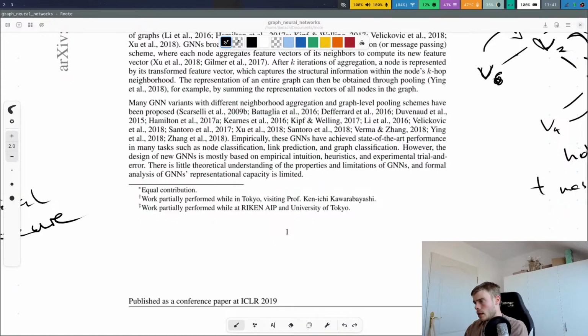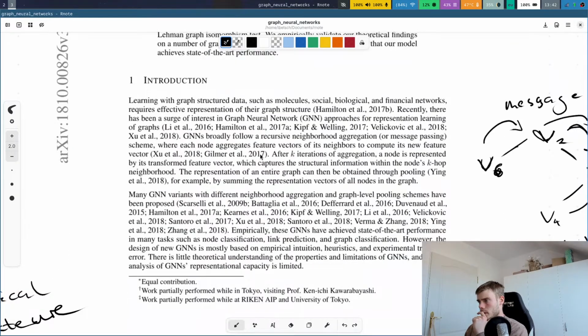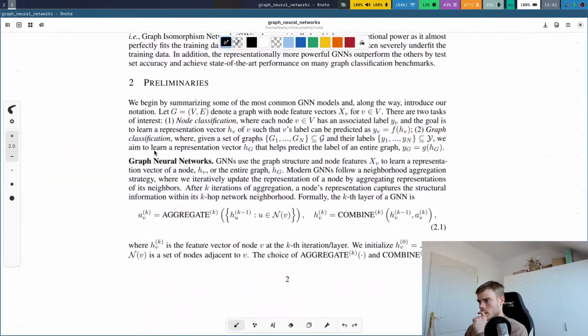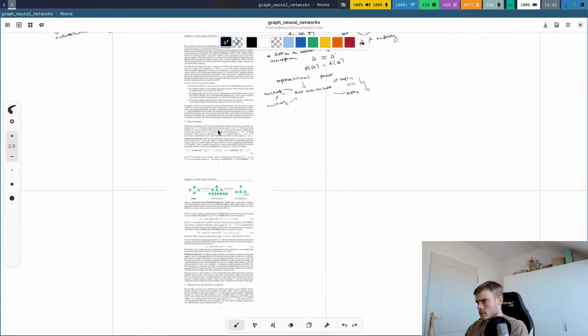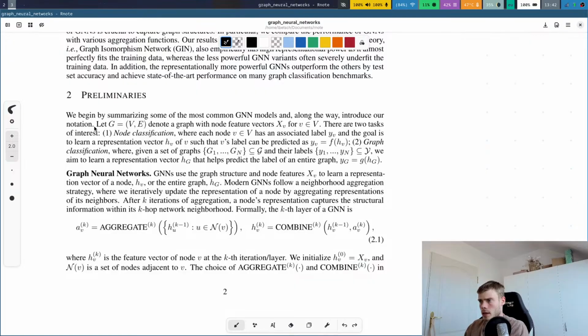Okay, let's start reading the preliminaries. We begin by summarizing some of the most common GNN models, and along the way, introduce our notation.